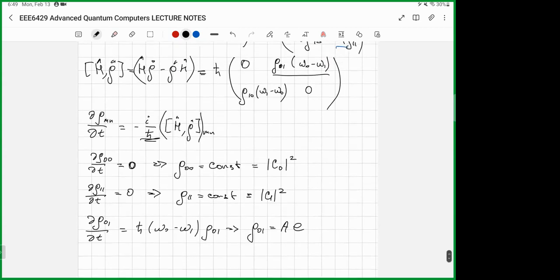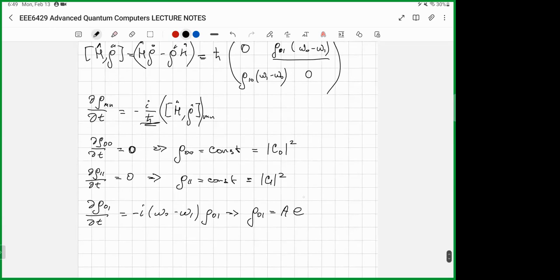So the h bar will cancel, and I get only minus i, something like this. So the result will be the exponential of minus i omega 0 minus omega 1 times t.